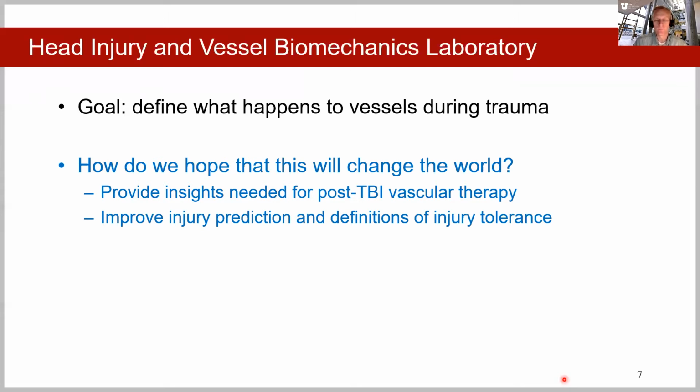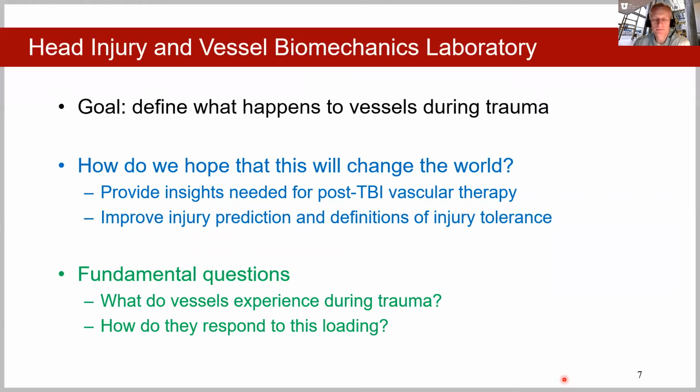The other thing that we think this research will do is to improve injury prediction and definitions of injury tolerance. So by that, I mean provide information about how we can better design helmets and automotive interiors and that sort of thing to better protect people in known dangerous situations.